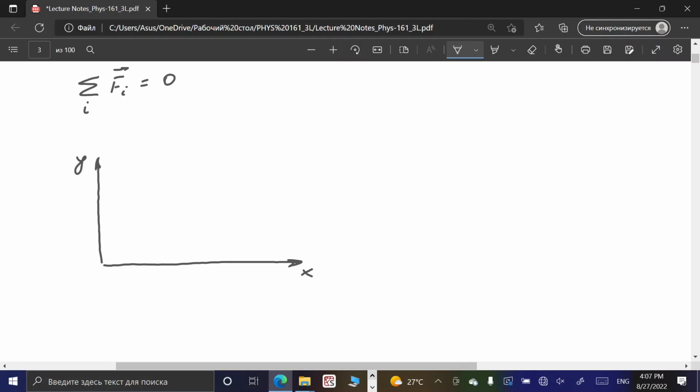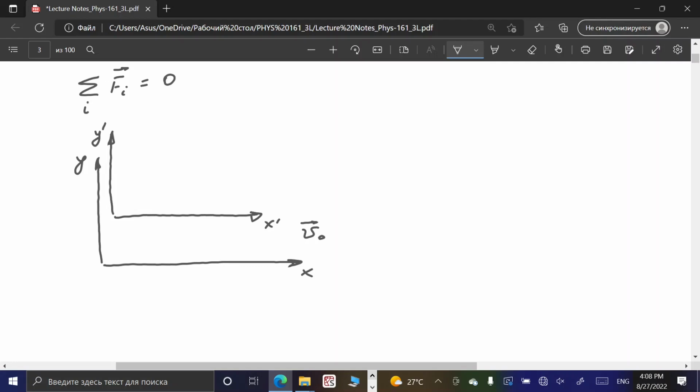Then let us add here one more system of reference, which will be x prime, y prime. So what is important about this system of reference? That it moves with some velocity vector v naught with respect to stationary system of reference x, y.